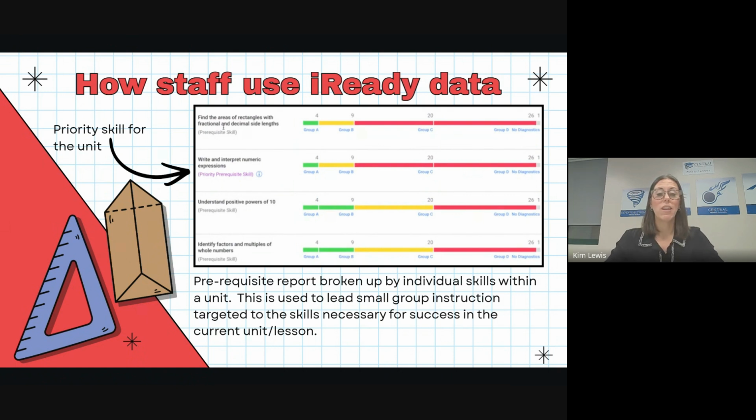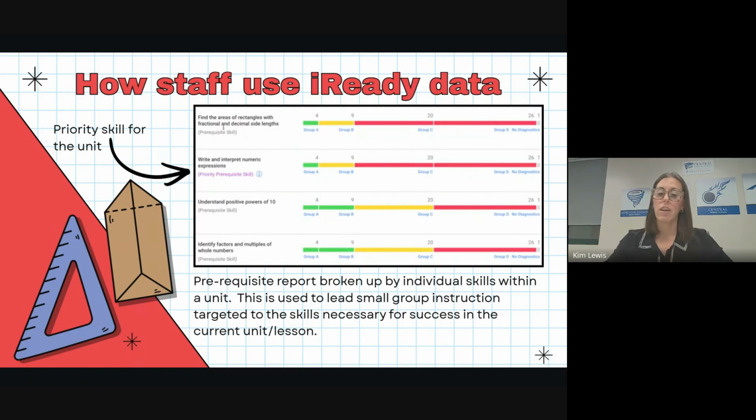So the iReady diagnostic data is a component of what is required as part of that entrance criteria. So it's not that they have to necessarily have a certain score, but a certain range of a score gives them a certain number of points, and it's a rubric style system to get into that accelerated math.